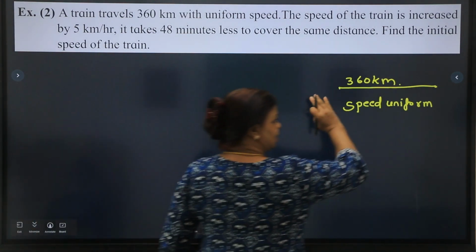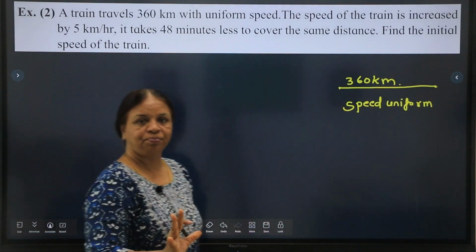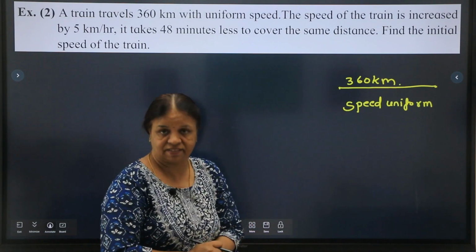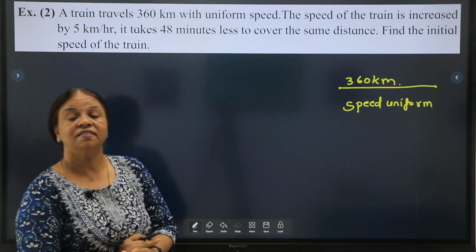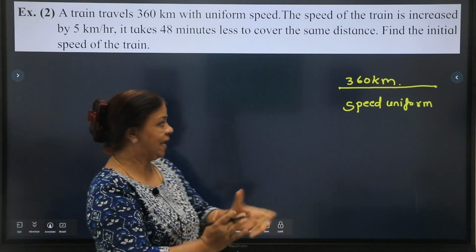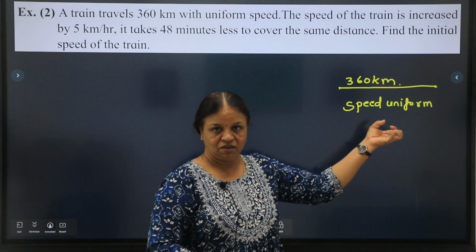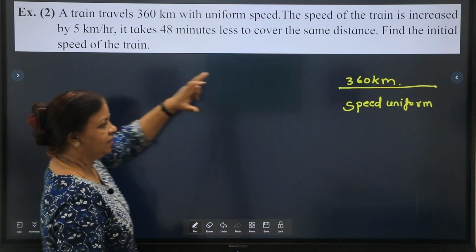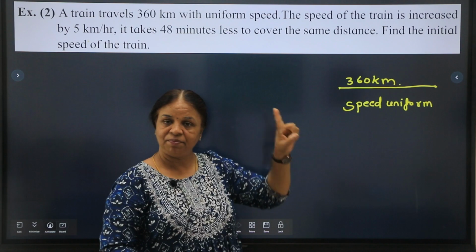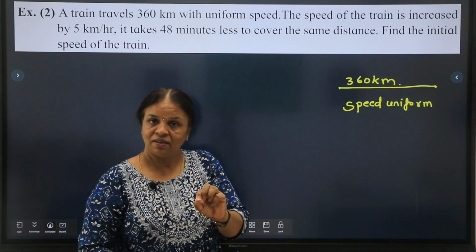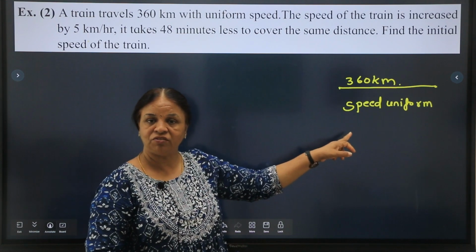It is travelling with the uniform speed, and if the train speed is increased, if we increase the speed of the train, definitely the time it would take with a certain speed which is less by 5 km per hour, then the time will be more, and the time taken with increased speed will be less, because now we have increased the speed of the train.